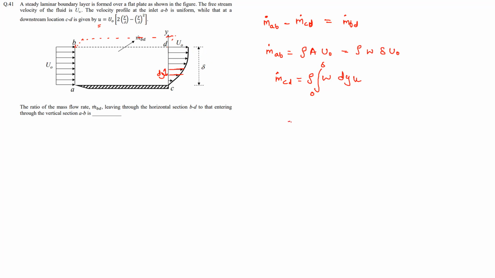So from 0 till delta. So now rho and w can be taken out, and for u you can substitute this formula u naught.